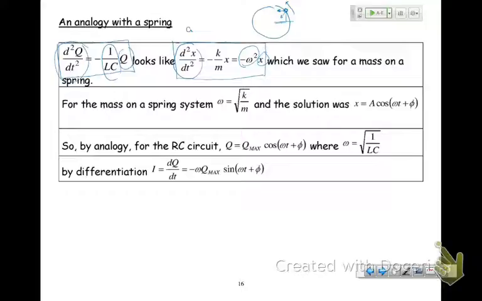So the angular frequency, the rate of oscillation of this electrical circuit, is equal to the square root of 1 over LC. And if you want to plot it out, you can say the current is going to equal minus omega q sine, like we did. So we take in all that oscillation stuff, and with a little bit of finagling, we're applying it to this.